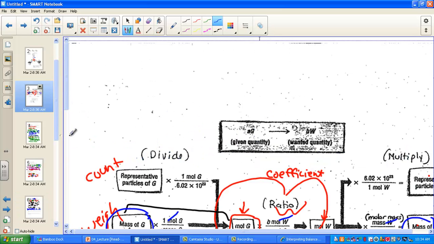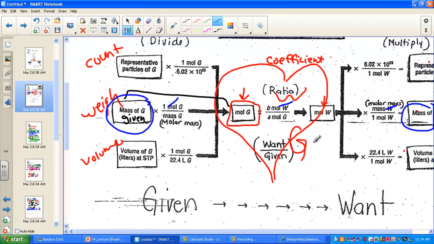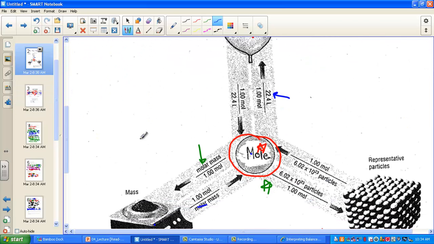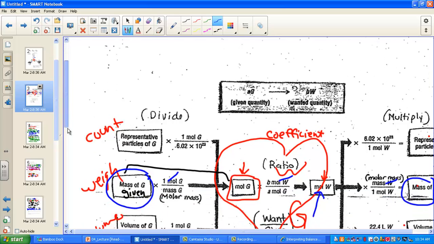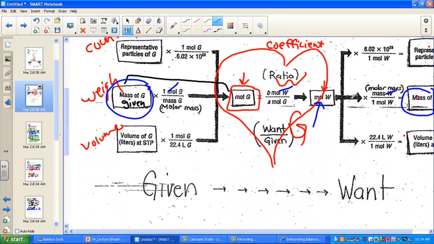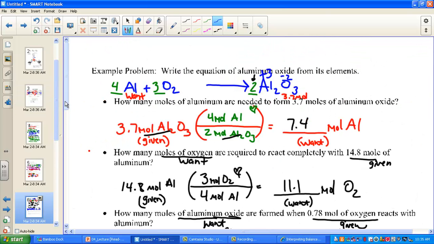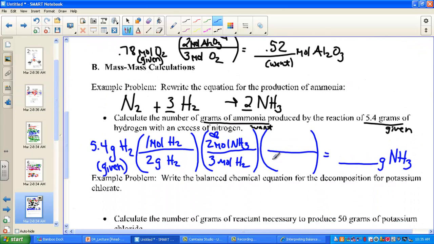Now what? We've done step 1, we've done step 2. Where we're standing now on our roadmap, we're standing right here at moles of want. I want to know ammonia grams. 1 more conversion to move me from moles out to grams. Notice how we're tripping over our conversion factor. In either one of our helpful tool pages shows us that molar mass is the exchange from moles to grams. The molar mass of ammonia.